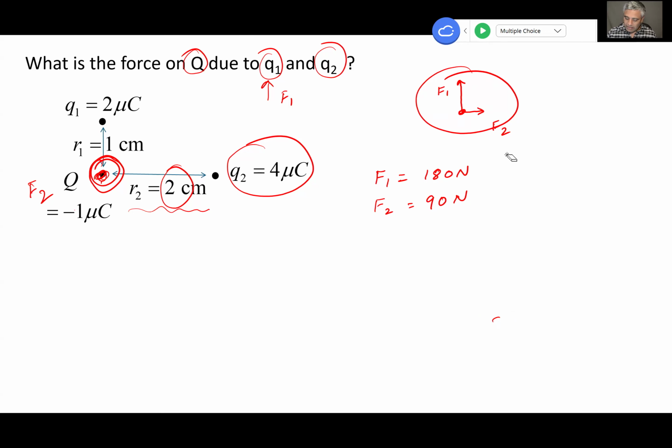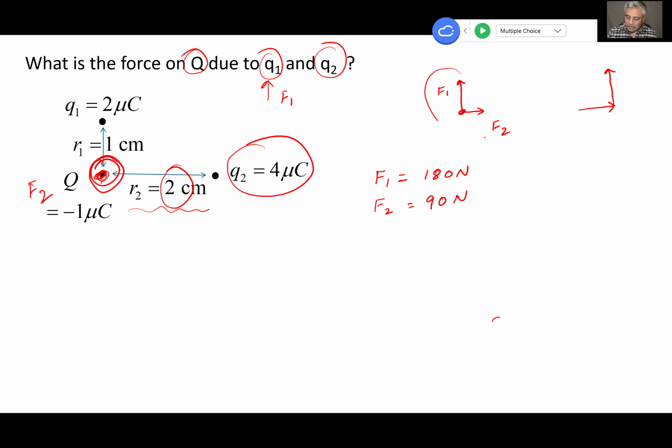So now we have F1 and we have F2 and we want to add them. How do we do that? We can use the tail to tip rule right here, because they are already 90 degrees. If they are not already 90 degrees, then you need to find components, and the sum of the components makes the 90 degrees. That's the reason behind finding components.